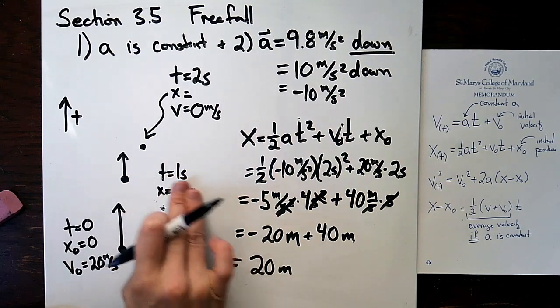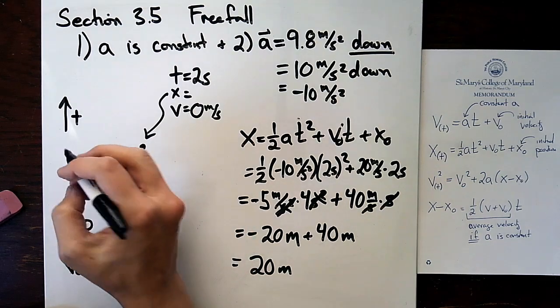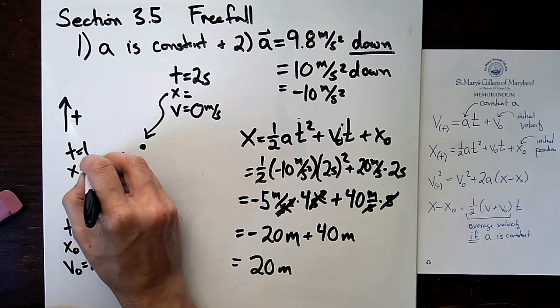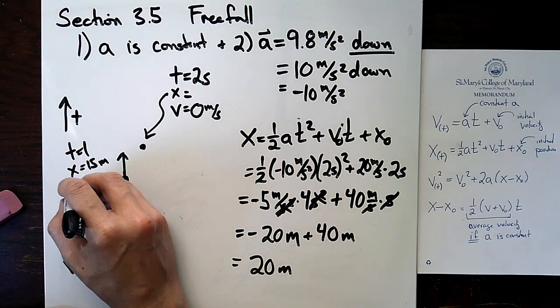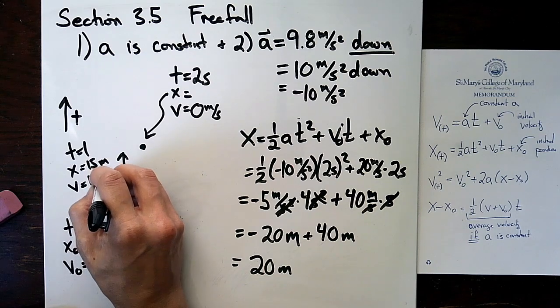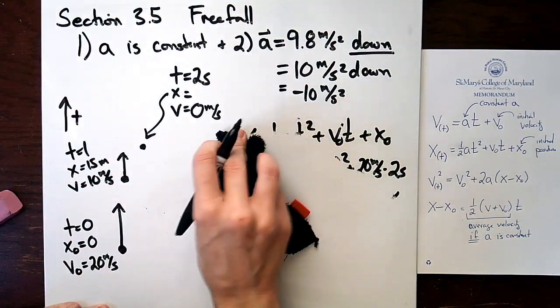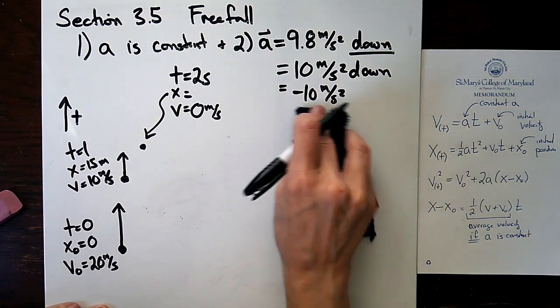Maybe I'll give us a little more room over here. I'm going to copy these guys down. At 1 second, my position is 15 meters up. My velocity is 10 meters per second up. And what do you think is going to happen 3 seconds later?